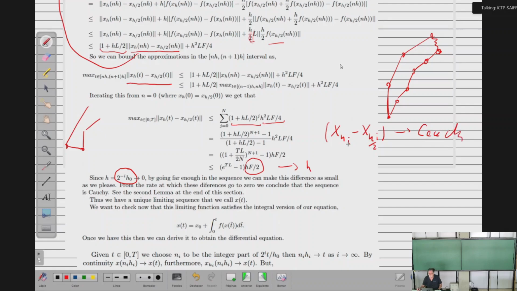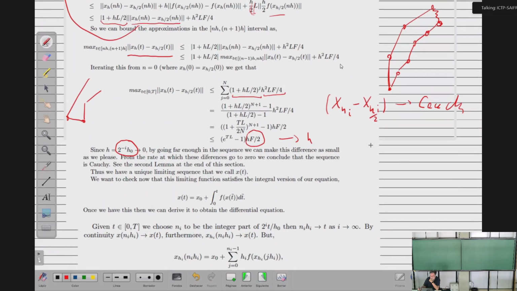Can you prove something if i and j are different but bigger than some number? And yes, you can do that, and at the end of this note there is a way of proving it. But this is enough. It's clear that if two consecutive terms go to 0, then when you go further and further, they still go to 0.